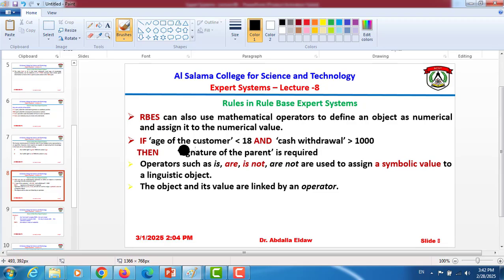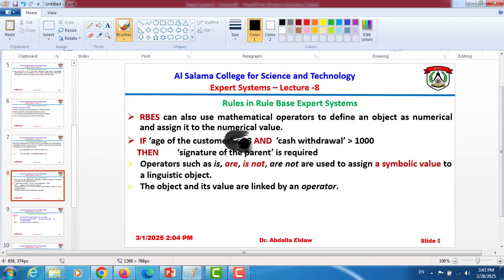This is a mix, or a hybrid, of two types of operators: mathematical operators and logical operators. Less than 18, this is a mathematical operator. As you know, mathematical operators are based on mathematical digits, numbers and signs.